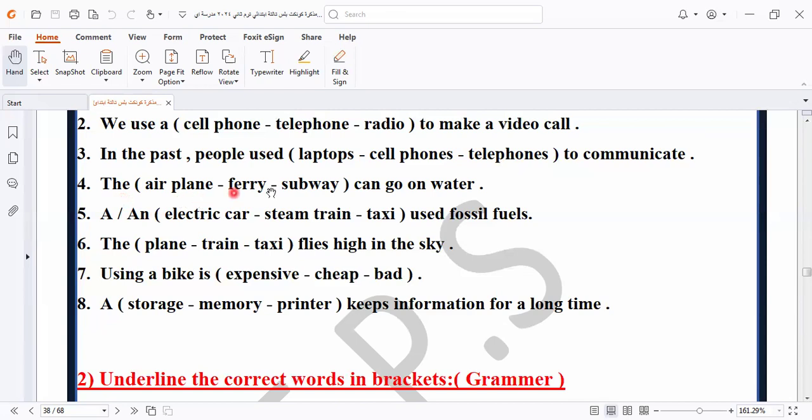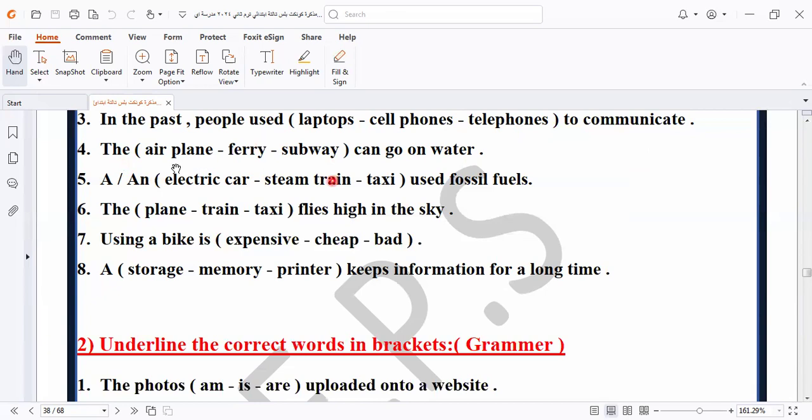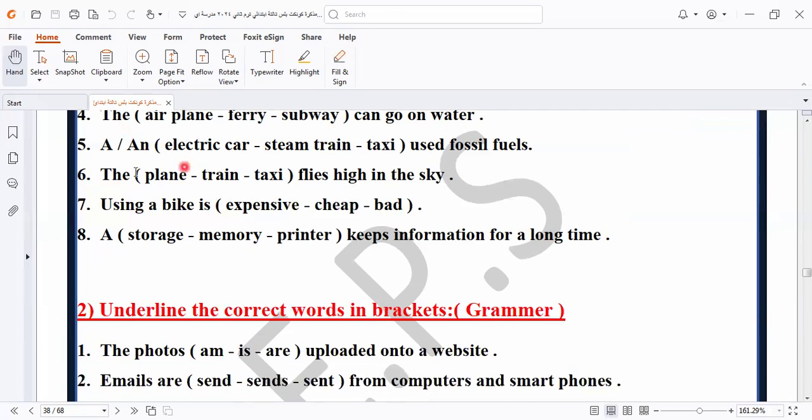The airplane, Ferrari, subway: which can go on water? Ferrari, not the airplane and not the subway, because the subway is underground and the airplane is in the air. Electric car, steam train, taxi: which uses fossil fuel?